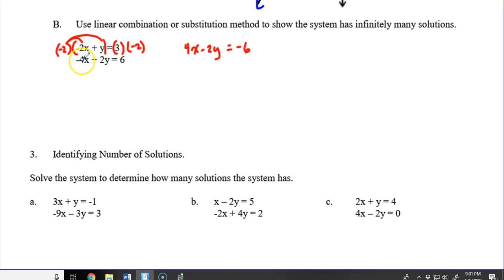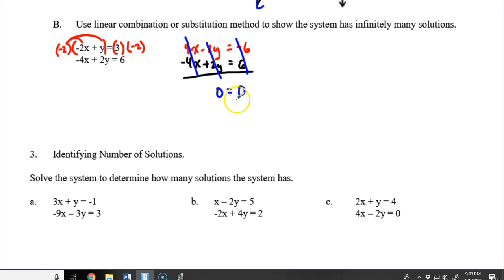The bottom equation, I'm going to leave right as it is because it already has the opposite coefficient for the x's. And now I'm going to add because I want to eliminate the variable. So when I do that, the x's add to 0. So do the y's. So essentially I've got 0 on the left. And the right side equals 0.